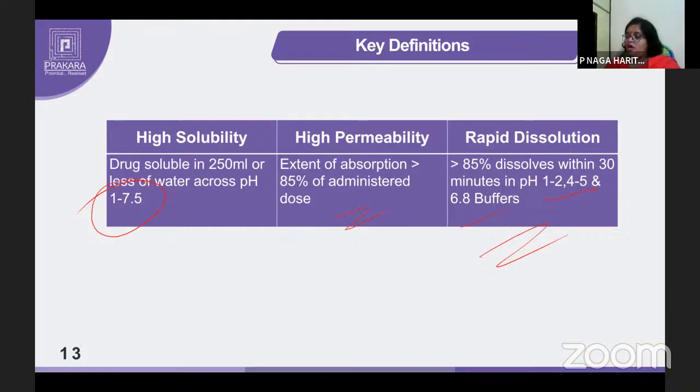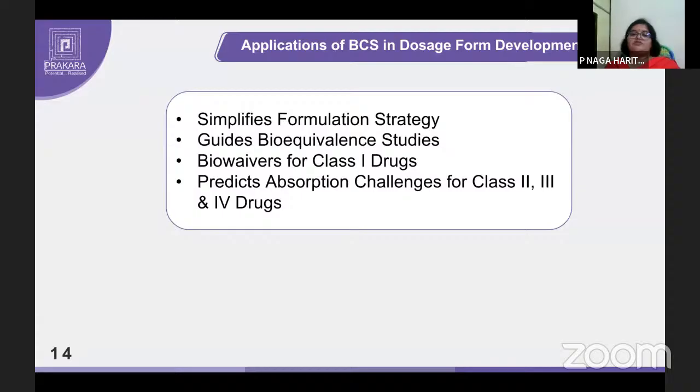And then moving on, we have applications of this BCS in dosage form development. The BCS classification has several applications in drug development as well as regulations. The first and foremost one is that it simplifies the formulation strategy. For example, class 1 drugs, which are highly soluble and permeable, require minimal formulation interventions.